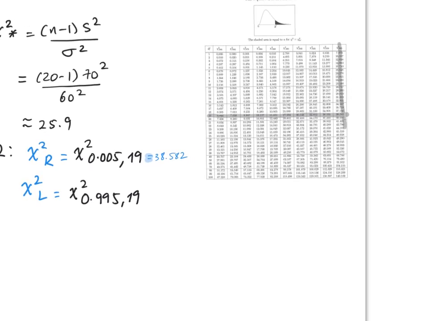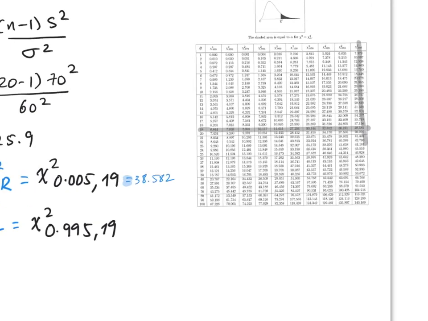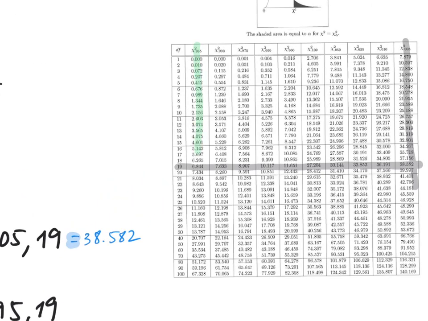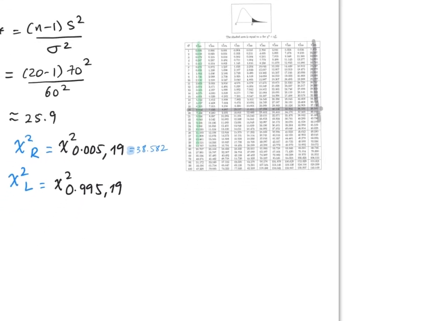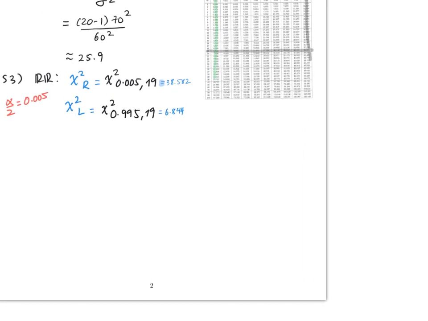Then the left side is going to be this one, same degrees of freedom. It will be 6.844. So the left side is equal to 6.844. Then remember that you have to draw the rejection region.